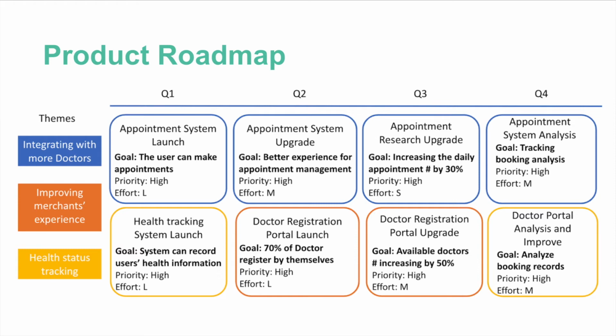It means that we will get more doctors involved in our platform and the patient will have more choice. In quarter three, we just improve the user experience in all of our systems. And in quarter four, we analyze the user data and understand the user behavior and what they need to make our product better and better.